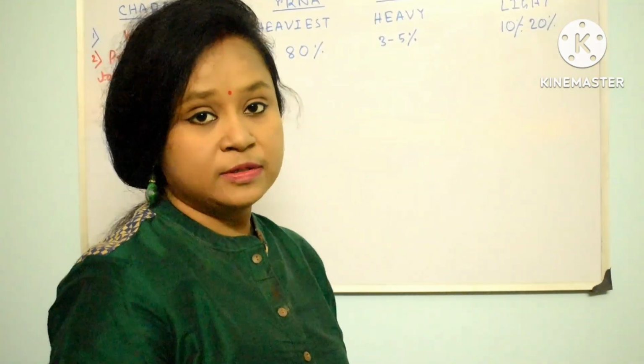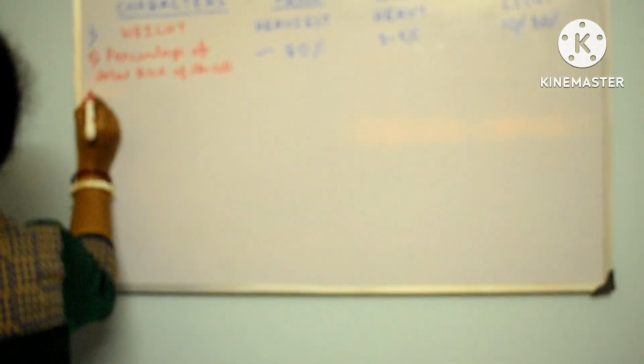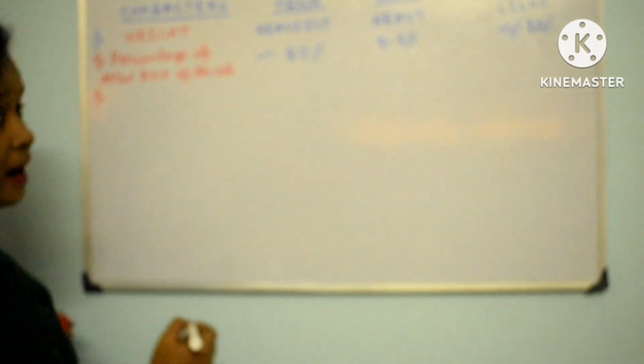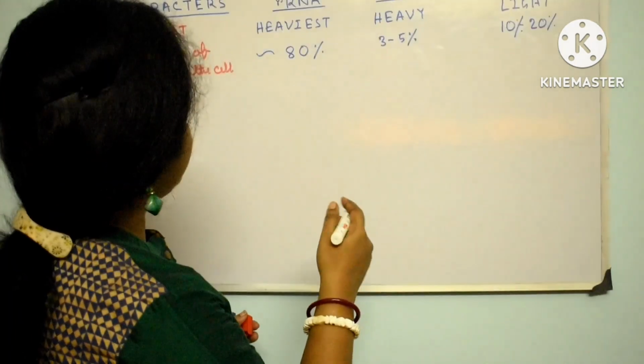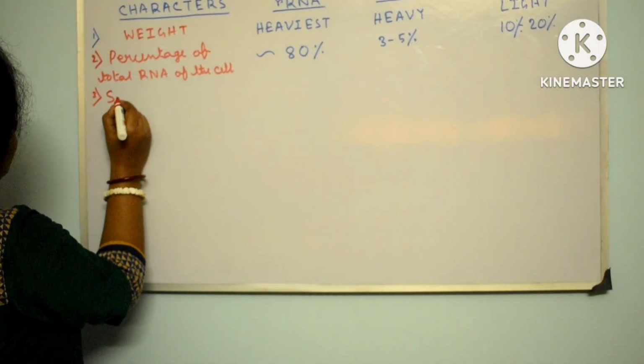Now concentrate on the third point of difference. The third character to be differentiated among these three types of RNA is sedimentation coefficient.